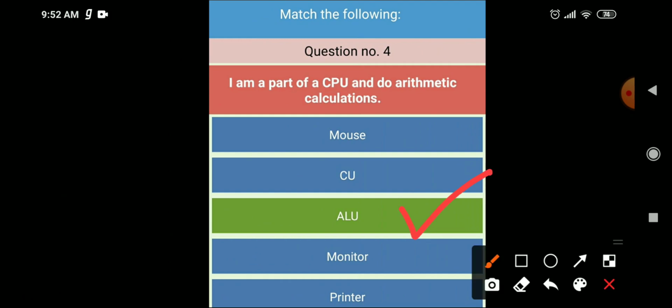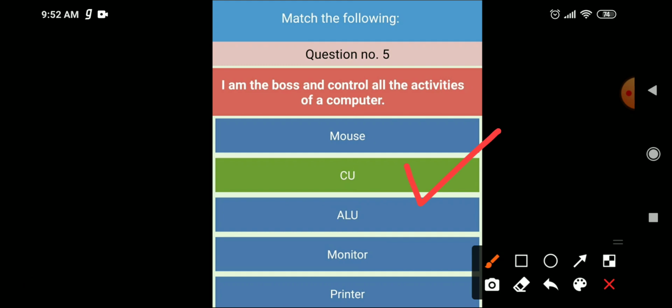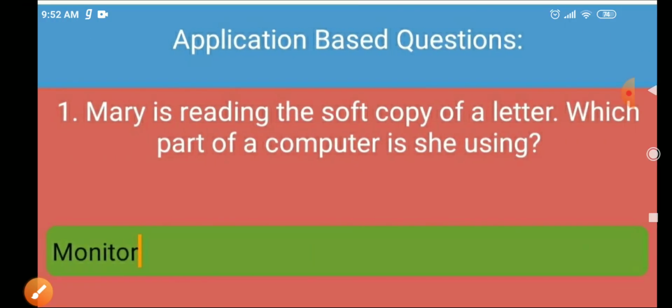The Arithmetic Logical Unit does the arithmetic calculations. I am the boss and control all the activities of the computer. So CU, the control unit, controls all the activities of the computer.